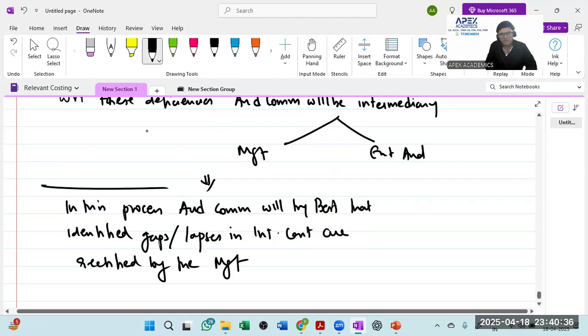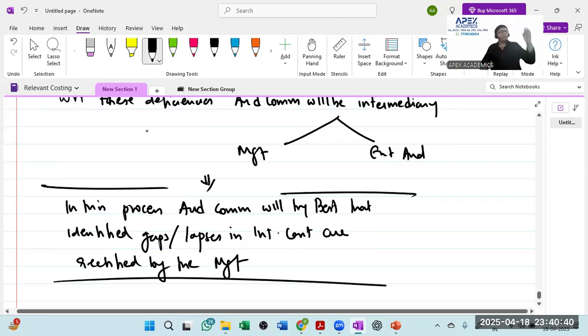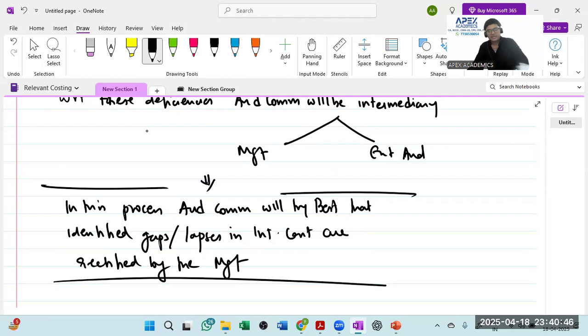Are what? Are rectified by the management. They will depend upon the independent expert's opinion more than anything else. Please try to keep this concept in mind. Who will do that? Obviously the audit committee is going to do that.